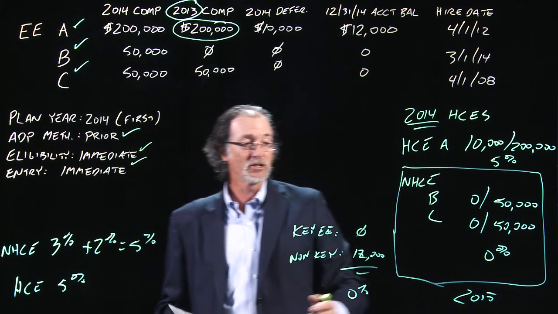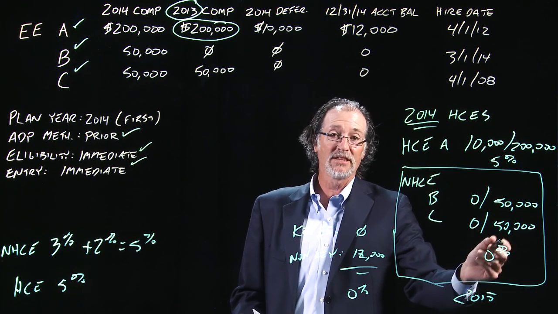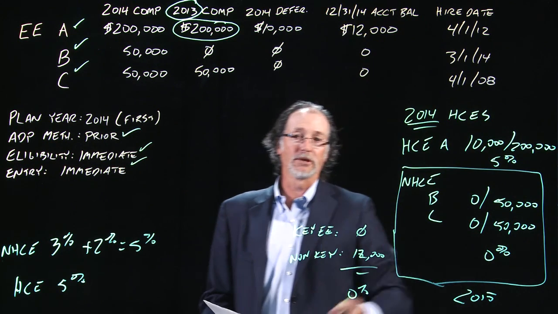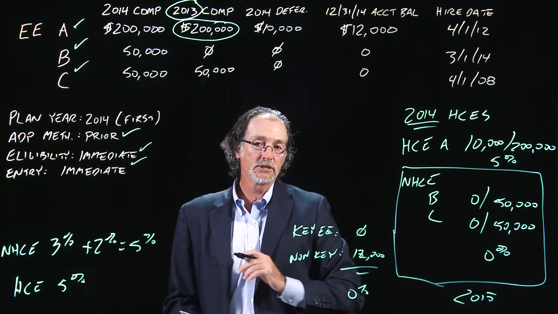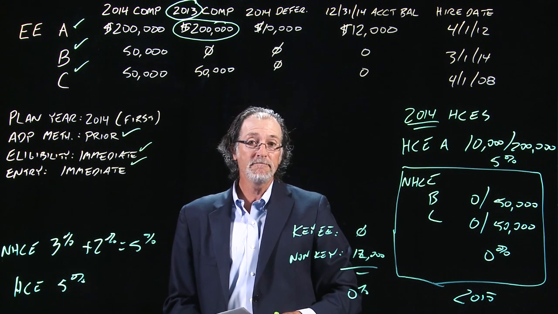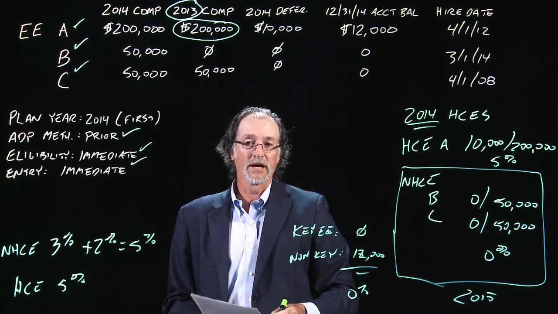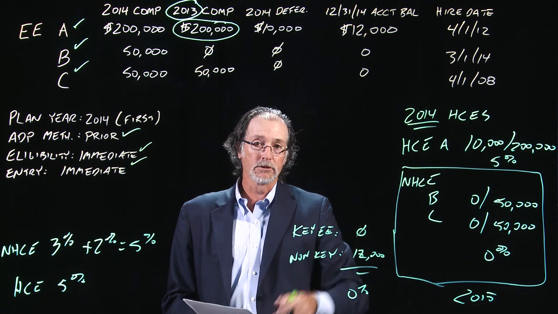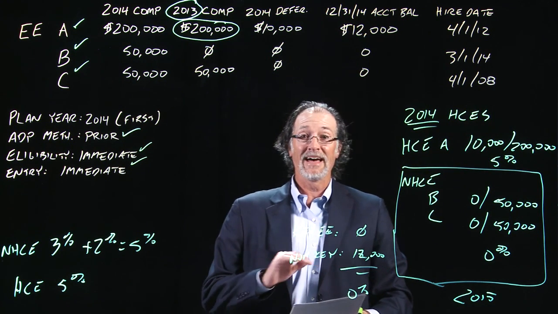Well, if you look at the chart, 0% times anything is 0%. They're in trouble here. So unless this HCE is over age 50, they're going to be able to defer nothing. If they're over age 50, they'll be able to put in the catch-up provision, and that is it.